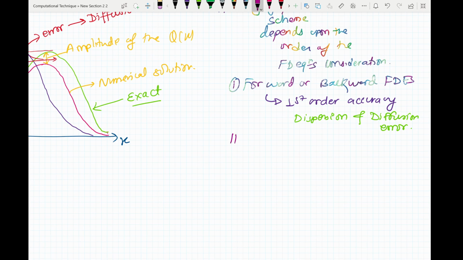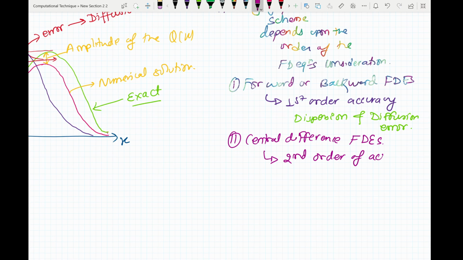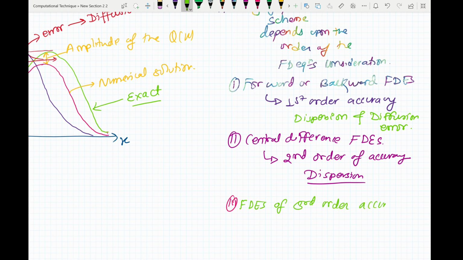If you use central finite difference equations, which are second order of accuracy, you'll only get dispersion. If you use higher order of FDEs, your error also minimizes. Now if you use FDEs of third order accuracy, then there will be no dispersion and no diffusion, but they take longer to solve.